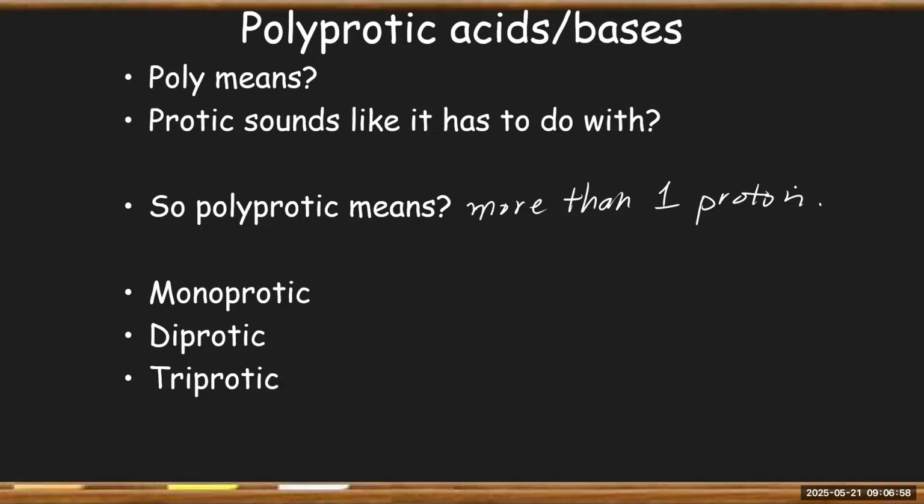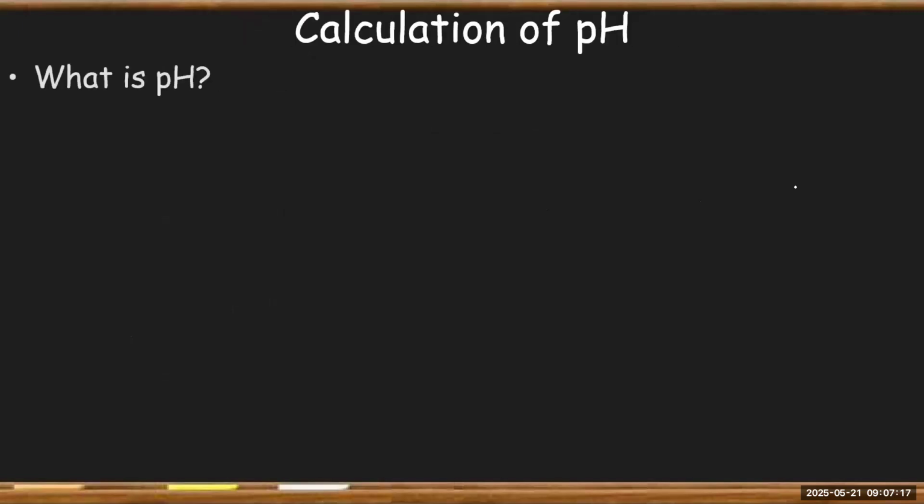Let's do it. So monoprotic, diprotic, triprotic, right? If it has two wheels, it's called a what? A dicycle. So diprotic must be two protons. Tricycle has how many wheels? So therefore triprotic is three protons, right?